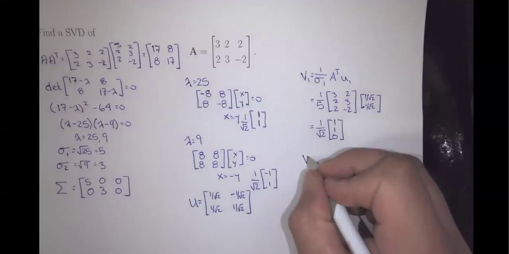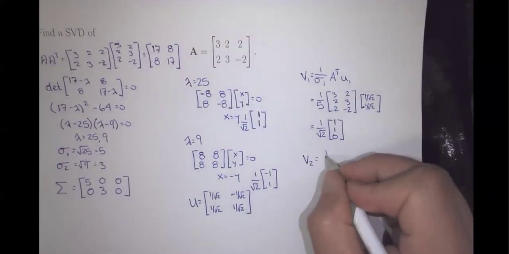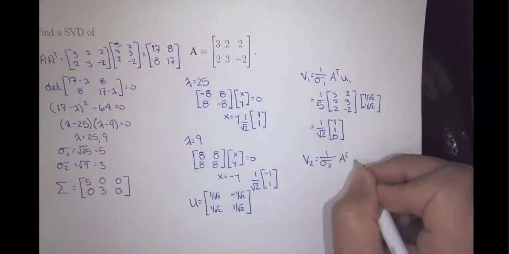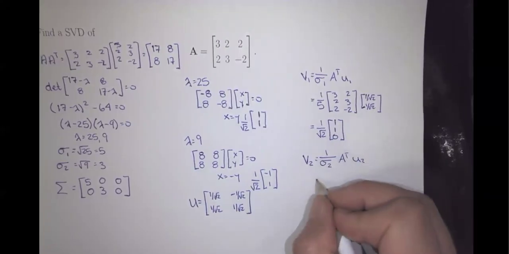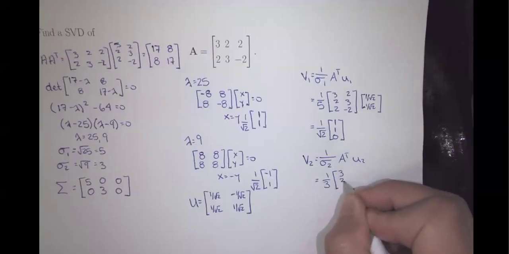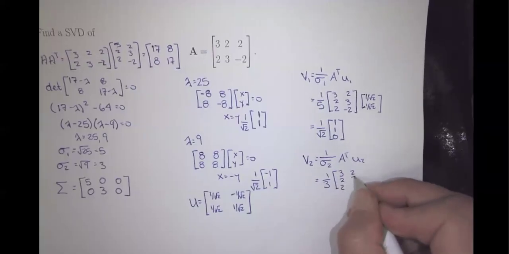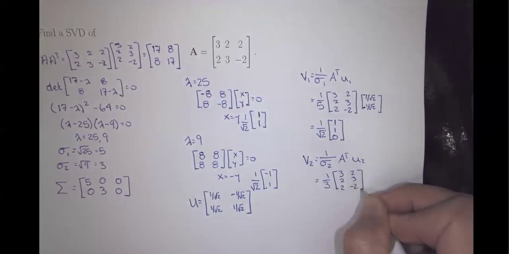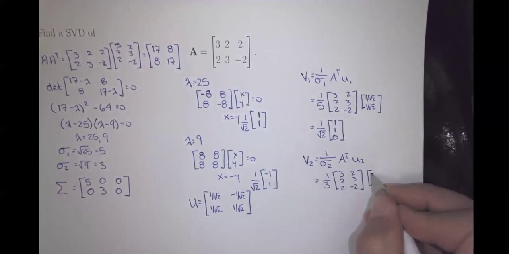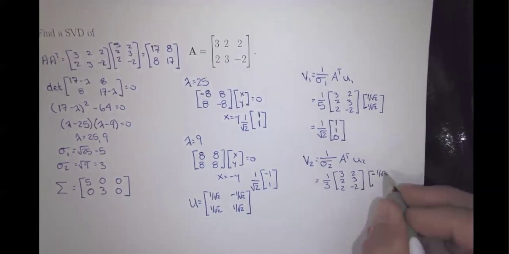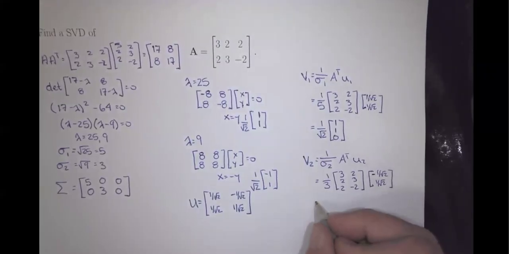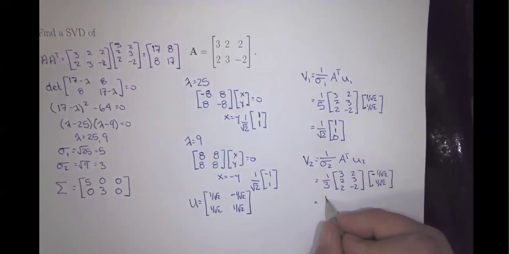Our vector V2 is 1 over sigma 2 times A transpose U2. So this is 1 over 3 times 3, 2, 2, 2, 3, negative 2 times negative 1 over root 2, 1 over root 2. So we'll end up with a 1 over root 2 out front.